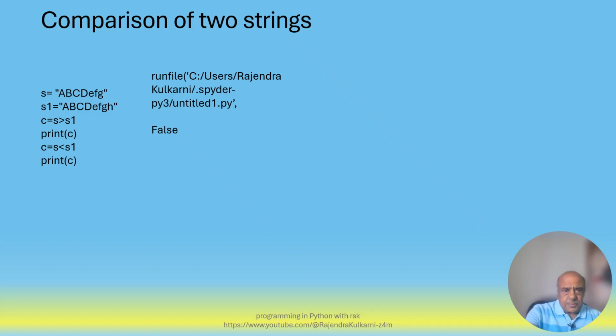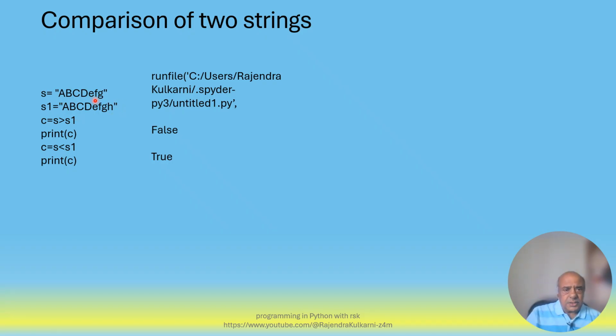The operators can be used for comparing strings. We have seen earlier programs where int values were used for comparison. In this program we will see how strings are compared. Now there are two strings, S, which is ABCDEFG where ABCD is capital, and another string S1, ABCDEFG with an additional H here.